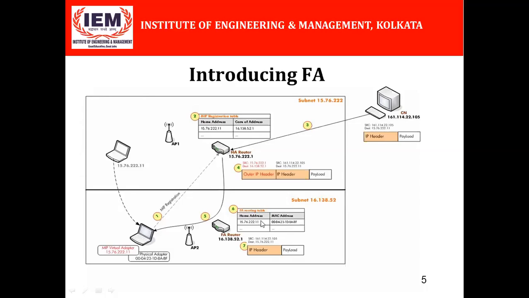So when it knows the home IP address, it is very easy to find the MAC address. Something like our ARP, address resolution protocol, may be used to obtain this MAC address. So this is the way of understanding the introduction of the FA and its functionality.